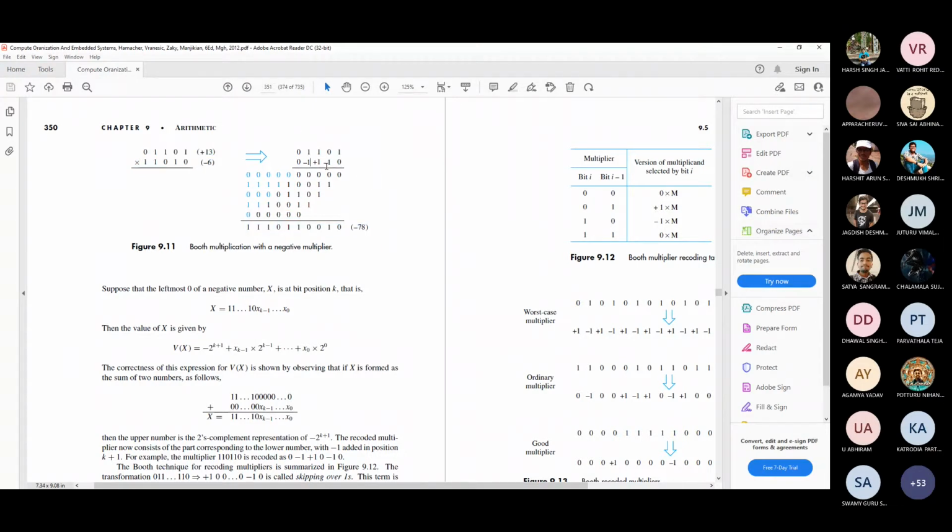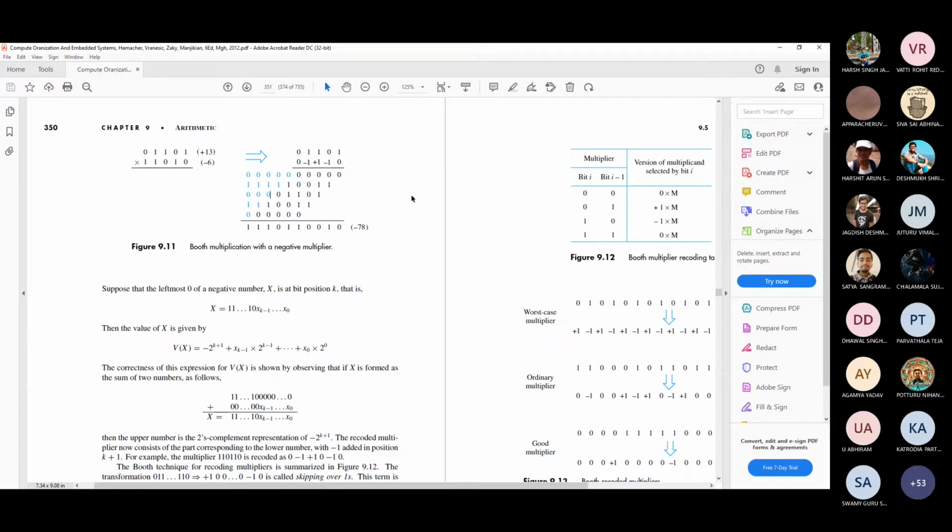Now this plus 1 and minus 1 is basically addition and subtraction. You know that in case of subtraction, you basically sign extend it. So minus 1 means you extend the sign. Plus 1 means you don't extend, you extend it with 0.